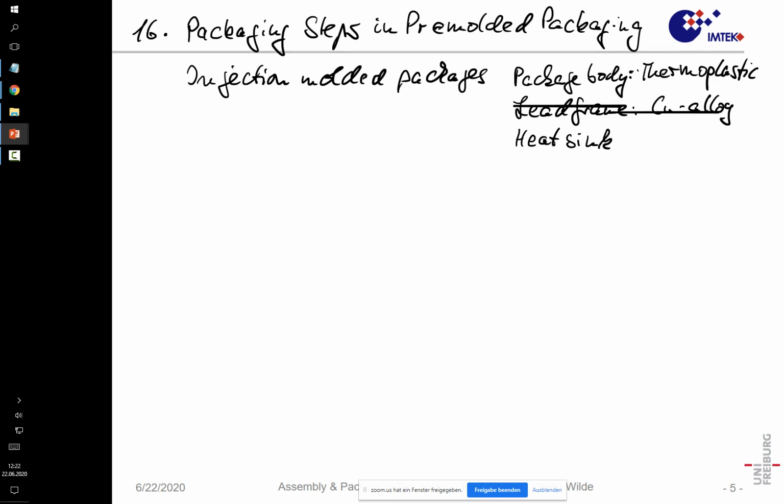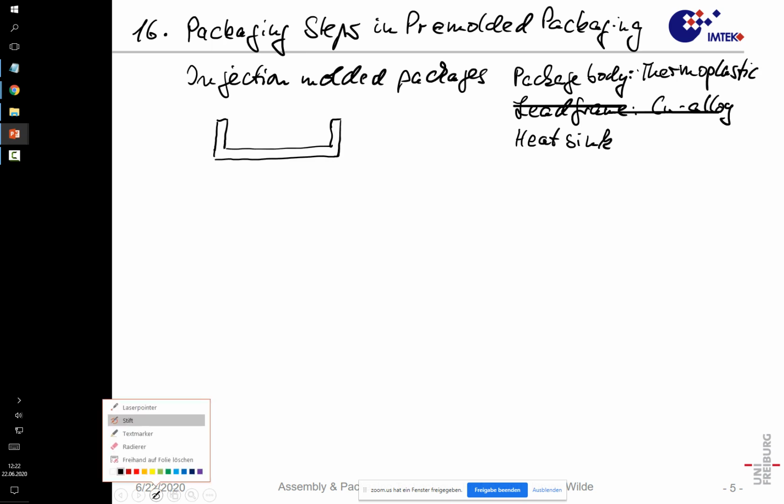For instance, we have some material which is injection molded. It is molded around the lead frame.